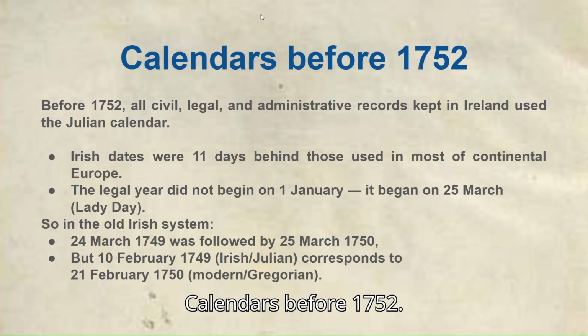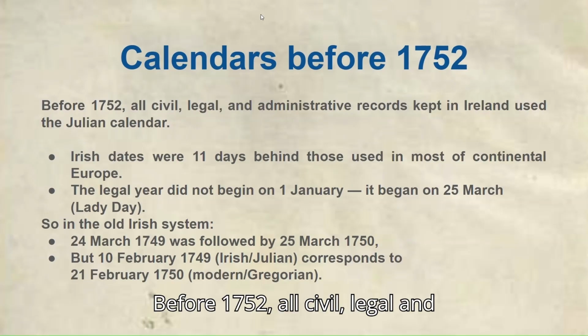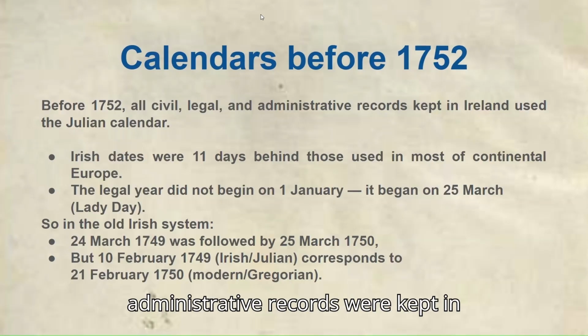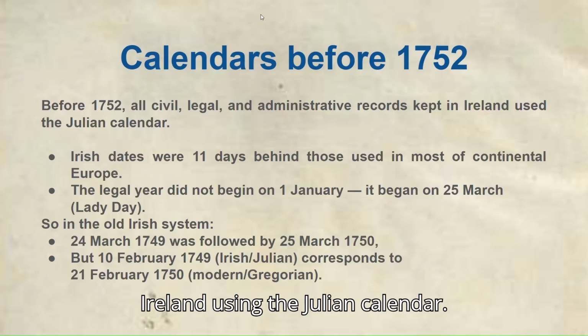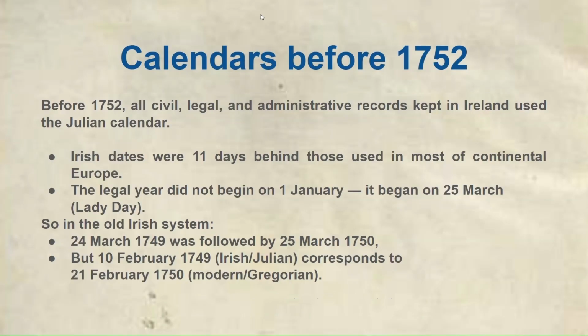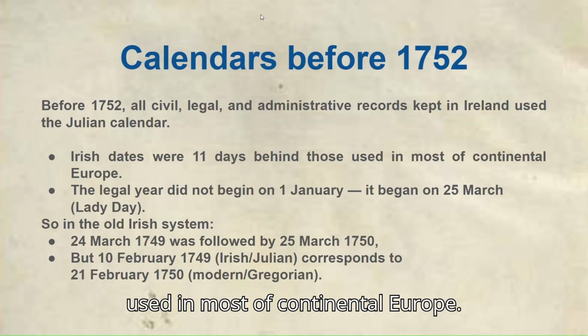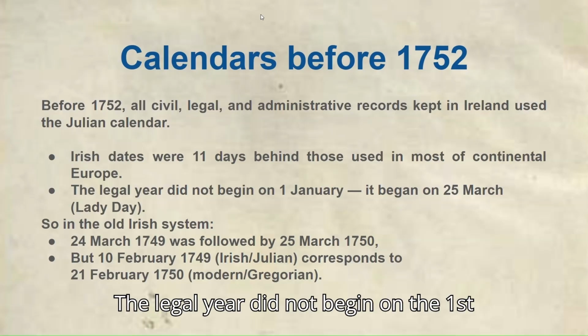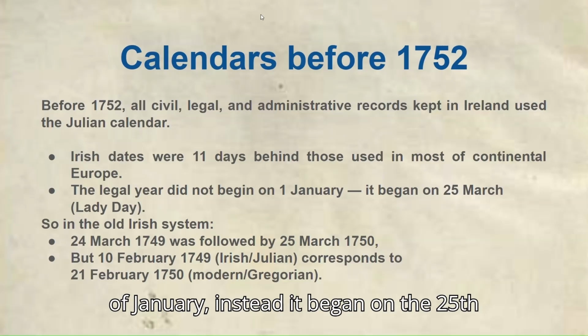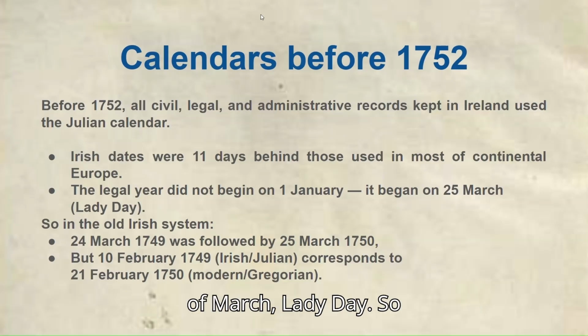The calendar before 1752. Before 1752, all civil, legal and administrative records were kept in Ireland using the Julian calendar. Irish dates were 11 days behind those used in most of continental Europe. The legal year did not begin on the 1st of January, instead it began on the 25th of March, Lady Day.